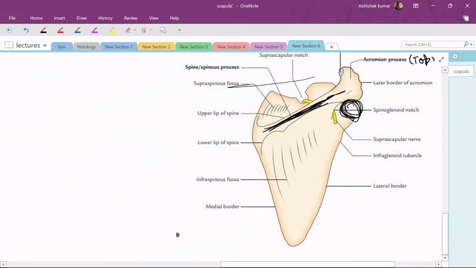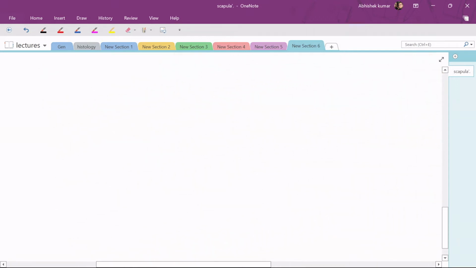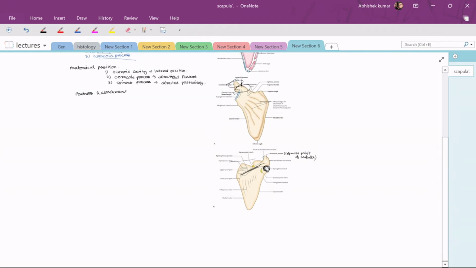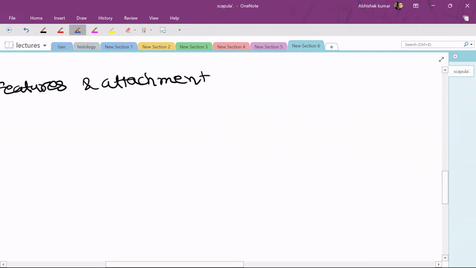Right? Now let's talk about the features and attachments. So there are surfaces. Let's discuss them first. So first is your costal surface or the forward facing surface, that is facing into the rib cage.